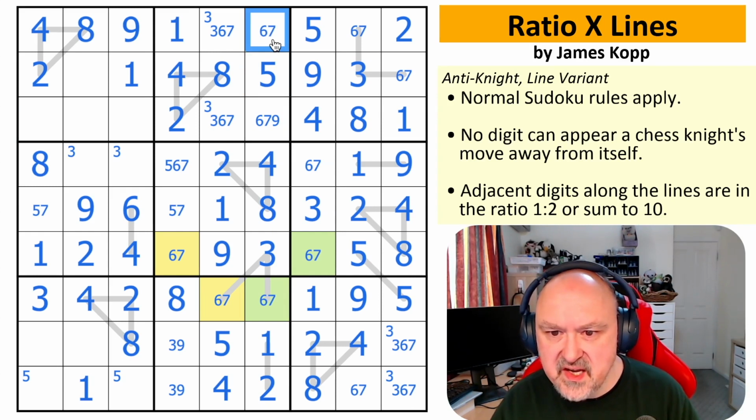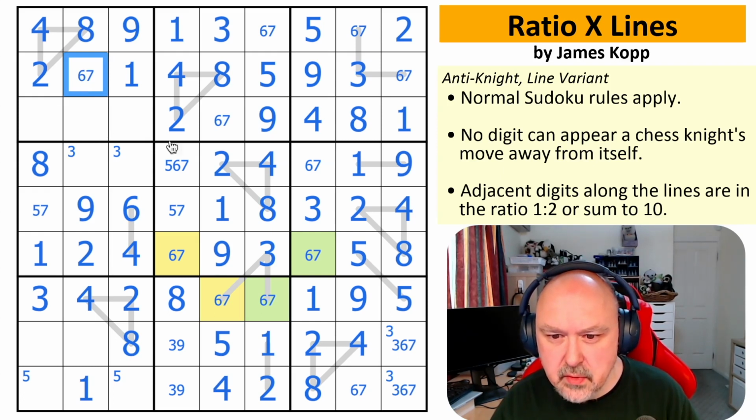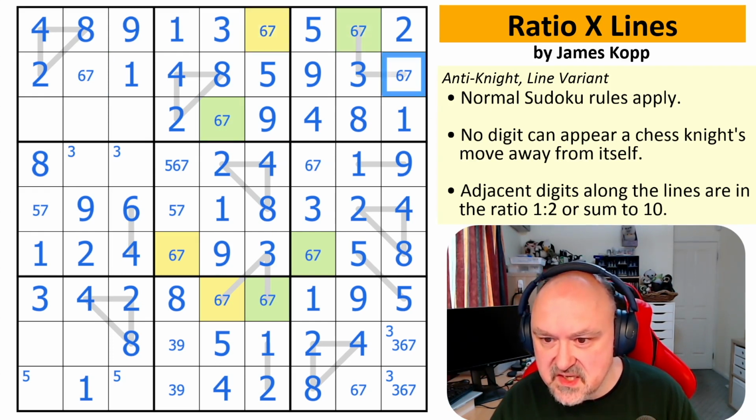There's no 9 here. This is a 6-7 pair. This becomes the 3. This is not the 3. 6-7 pair makes this the 9. This is a 6-7 because of the row. This is now green. This is yellow. This is green. This is yellow.